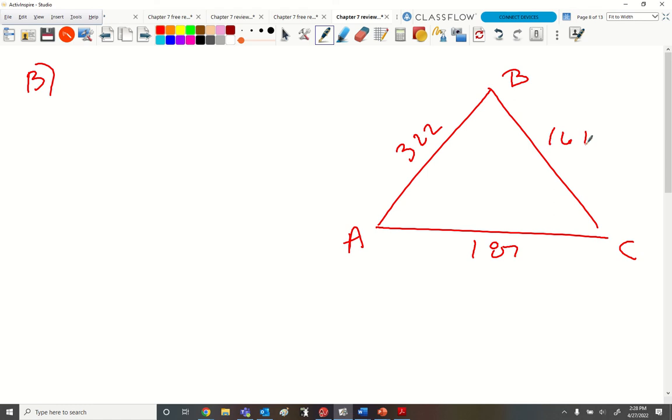Now, again, we have all sides, so that means I'm going to have to use law of cosine. I could solve for any of them, but if I look at my multiple choice, there's only one of them that has everything different. Only one of the letters has all 3 different.